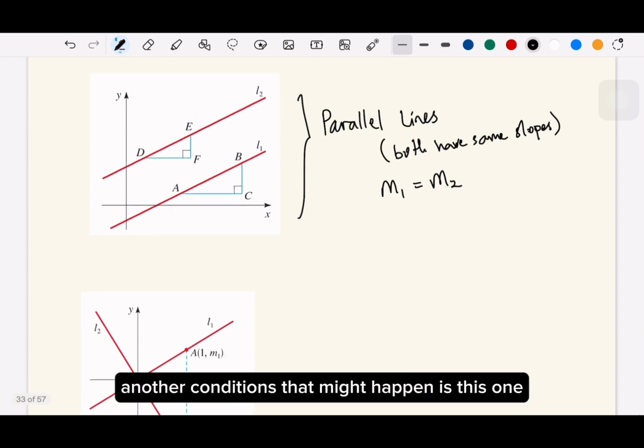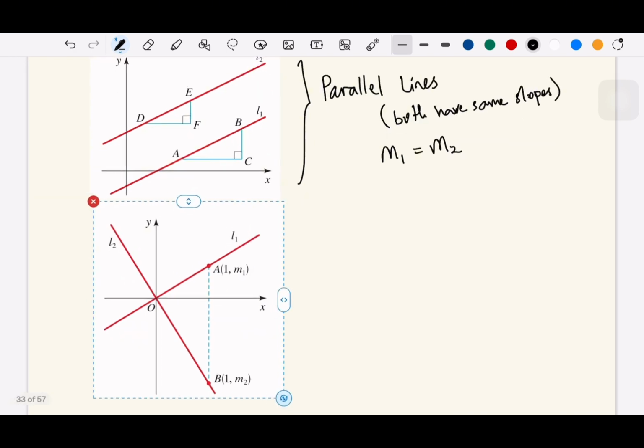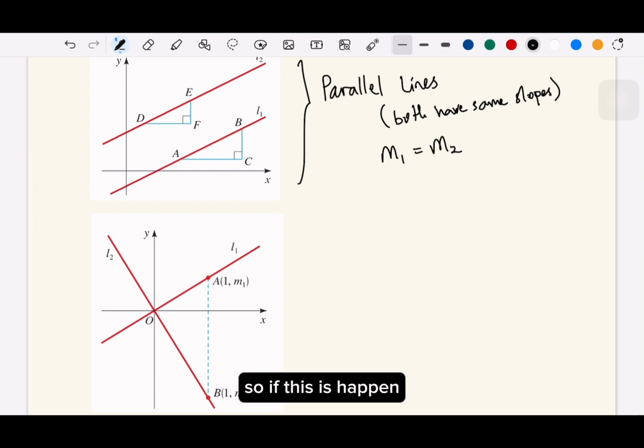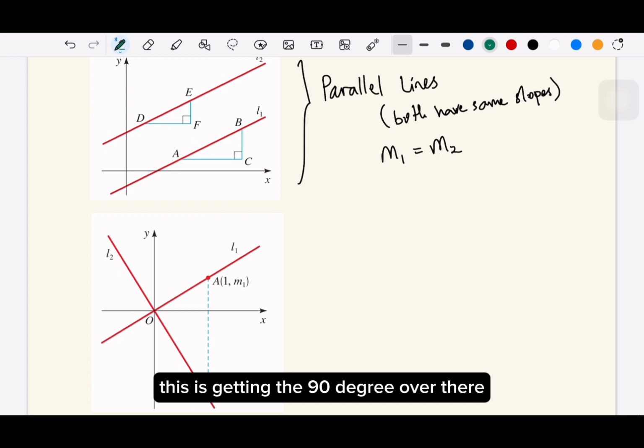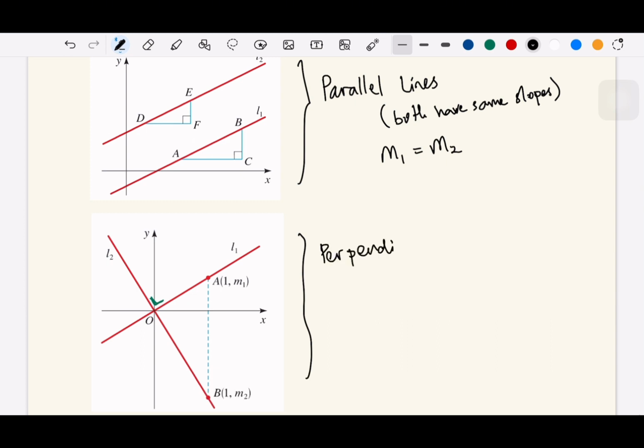Another condition that might happen is this one. If this happens, getting the 90 degree angle over there, we say that this is the condition for perpendicular.